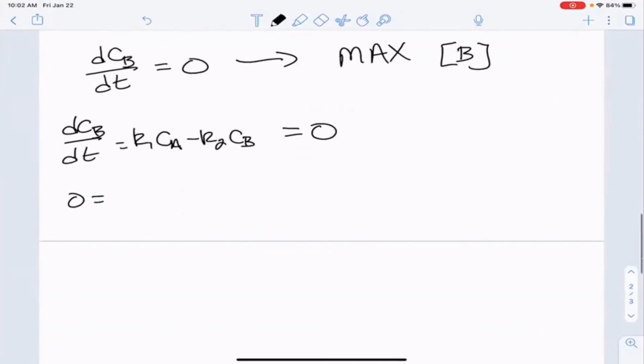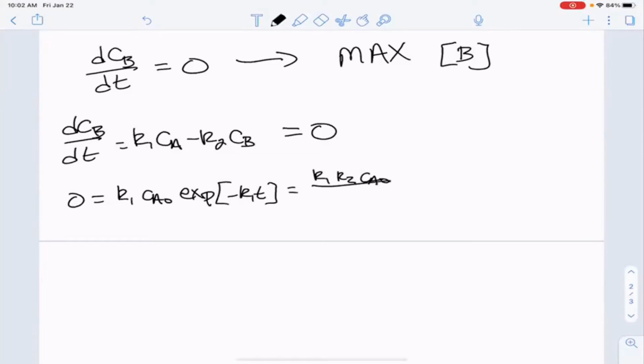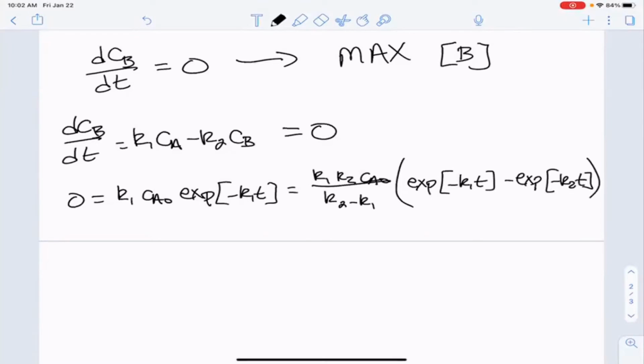Well, that means 0 equals K1 times Ca0 times the exponent of minus K1 times time, has to equal K1 times K2 times Ca0 over K2 minus K1, times the exponent of minus K1t minus the exponent of minus K2t, okay?